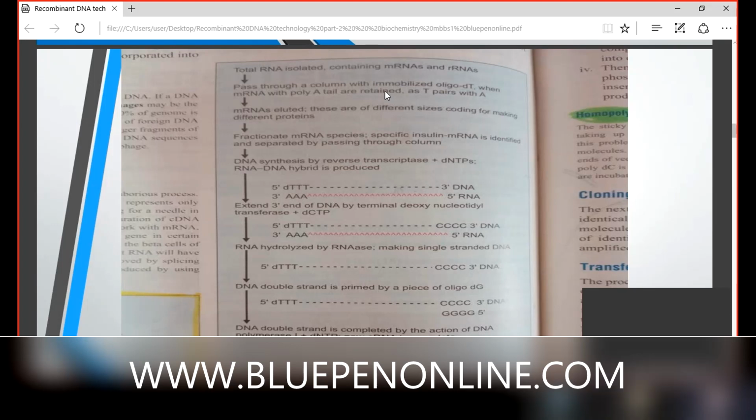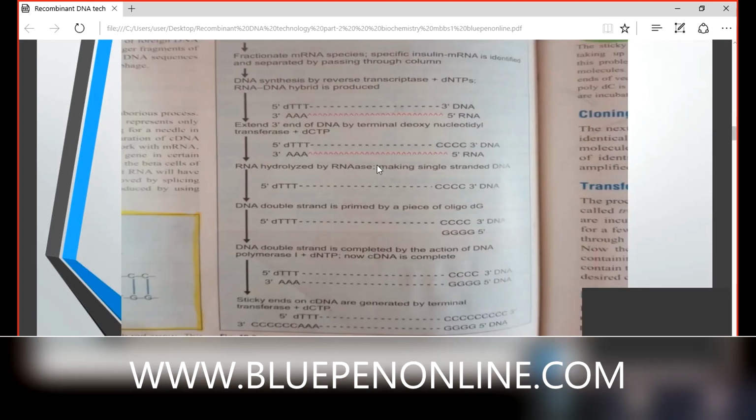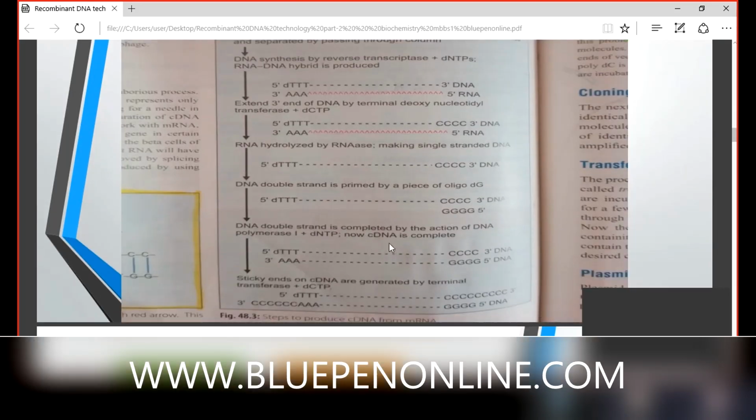Then we extend the 3' end of DNA by terminal deoxynucleotidyl transferase. Then the RNA is hydrolyzed by RNase, making single stranded DNA. Double stranded DNA is formed and completed by the action of DNA polymerase. Now we got cDNA.